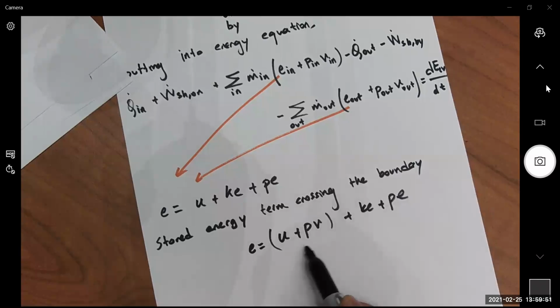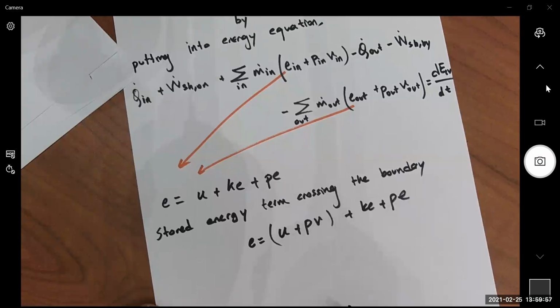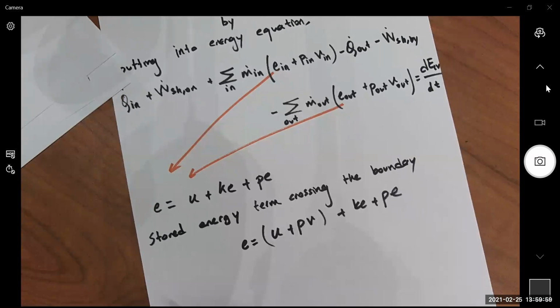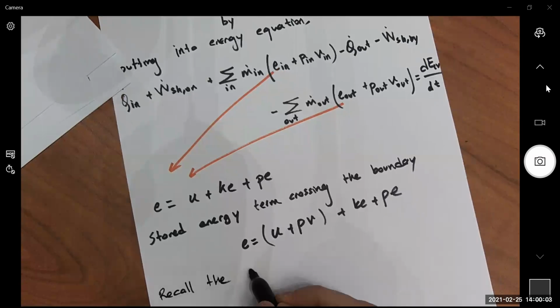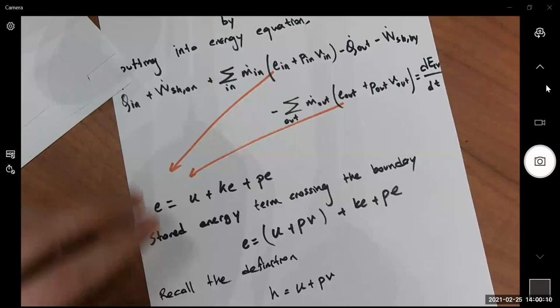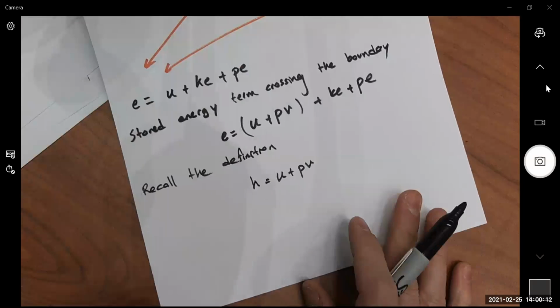Remember this? What is it? Enthalpy. So if we recall the definition, enthalpy is U plus PV.